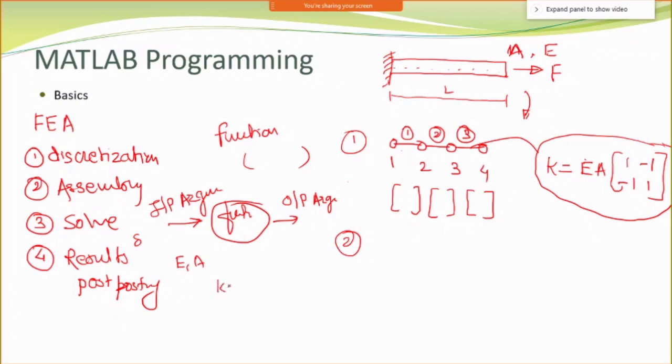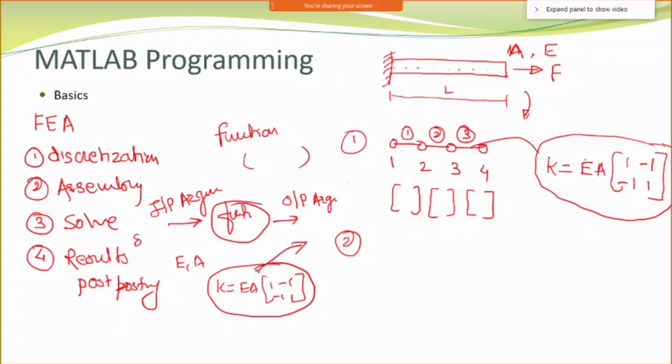K is equal to EA times the matrix [1 -1; -1 1]. This is how we create the matrix, and this matrix you give as the output. That is the processing done first by using a function.